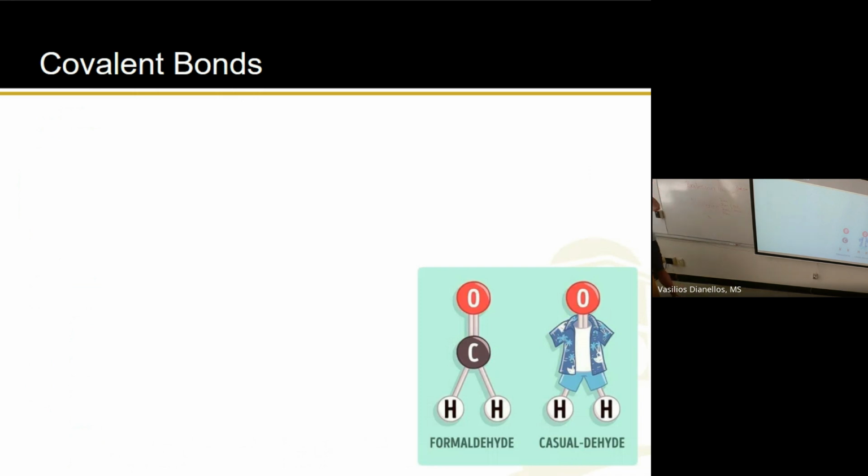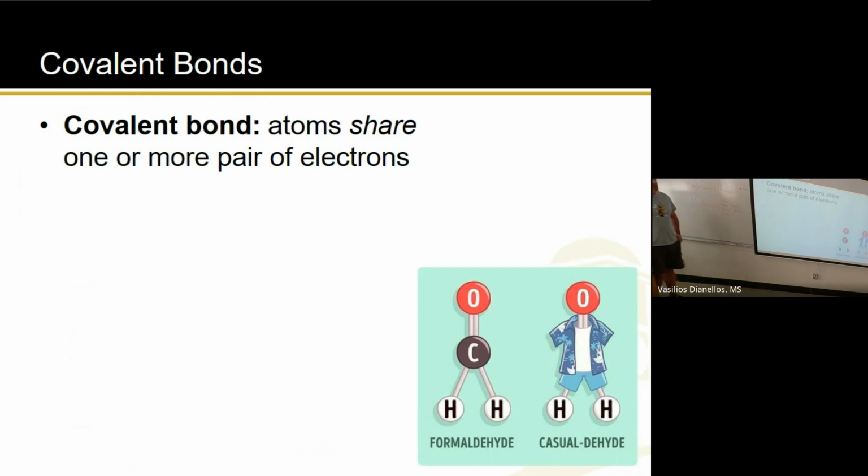So you're already familiar with the prefix co, right? You're sharing parenting responsibilities. You're sharing a place to live. So covalent bonding is when atoms share electrons. They're not giving them up and taking them. It's not a bad divorce like the ionic bond was. This is a sharing of electrons. And again, if you can remember co, the prefix co, as far as we're concerned, is all about sharing.